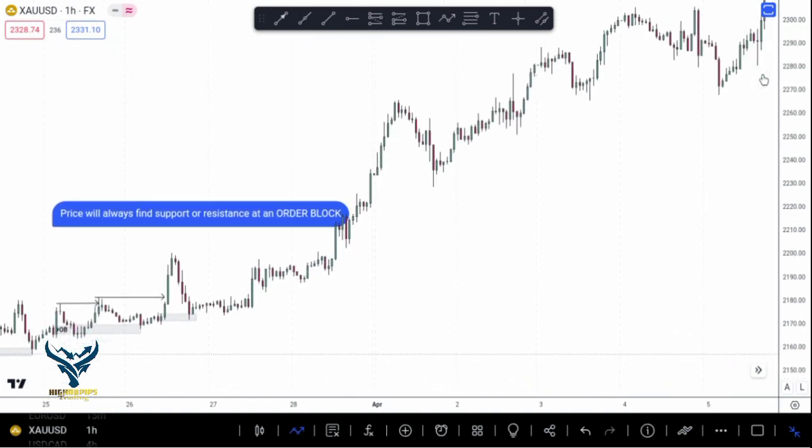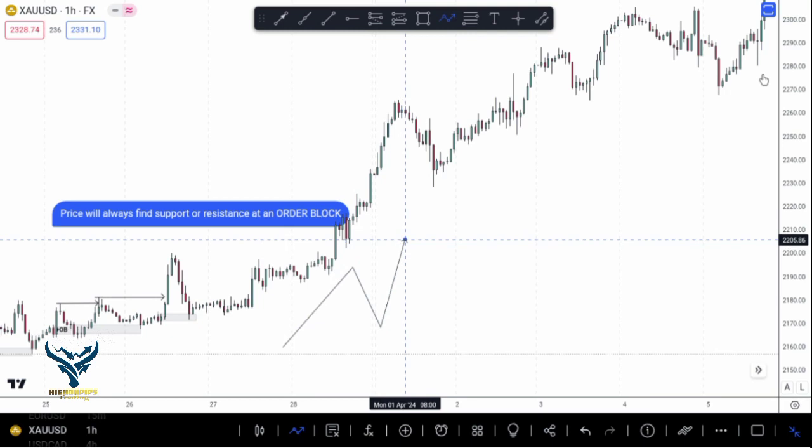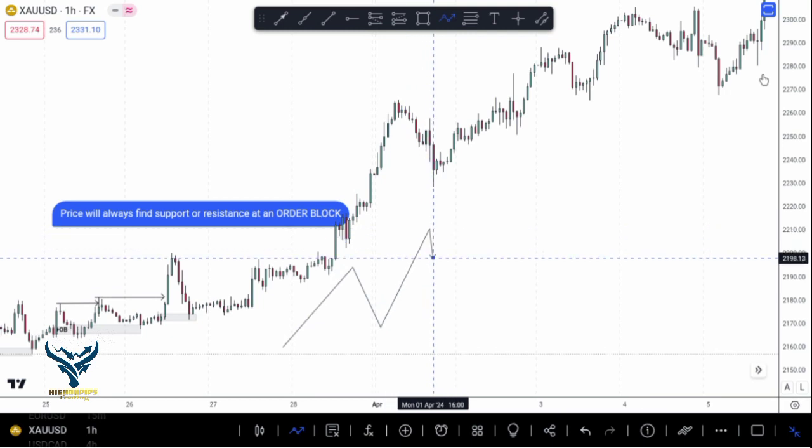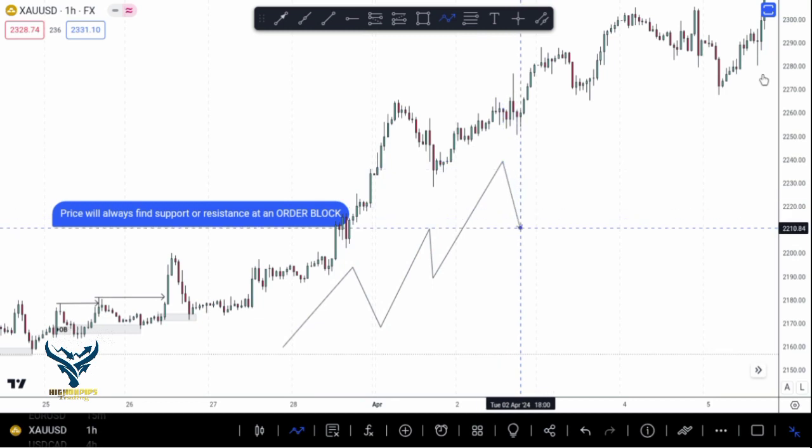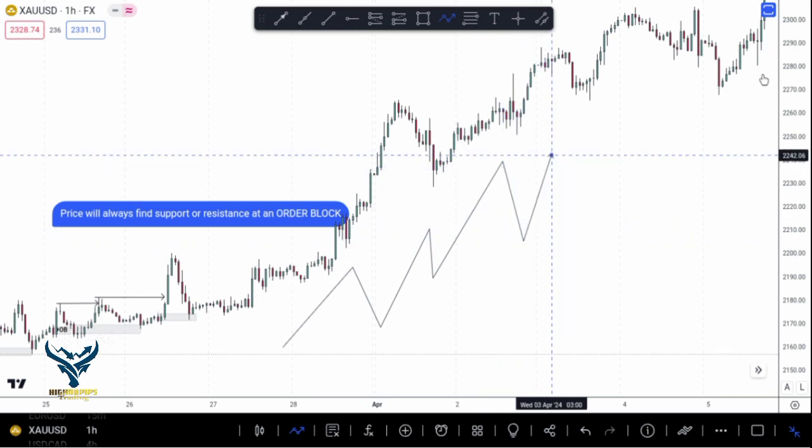You see how gold was moving. This is gold. It was just moving this way, right? It was just moving this way. You see the market structure for gold. It was going up, right?